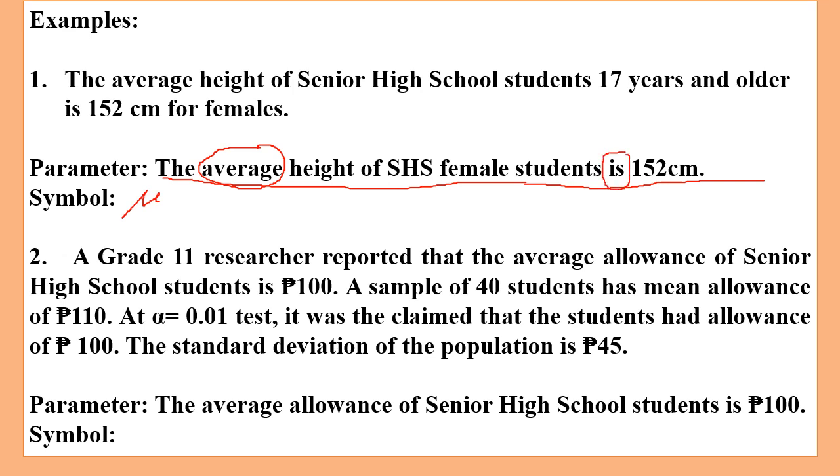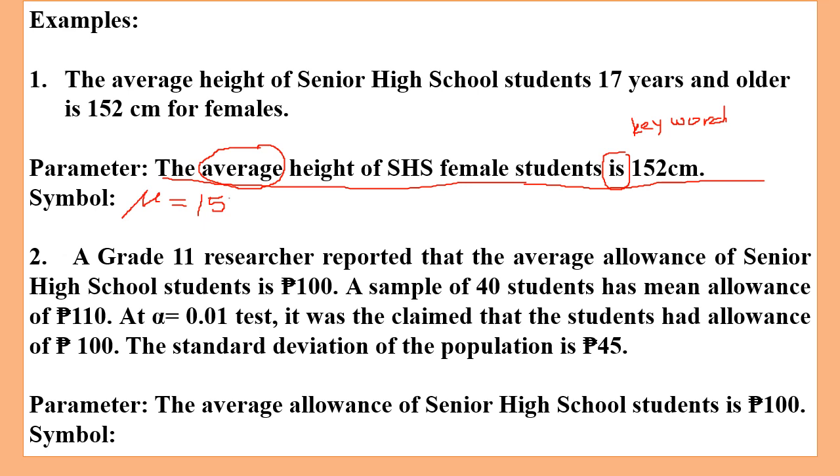This is our keyword. Now, what is the symbol of is? It is the equal symbol. And the amount is 152 centimeters, or 152.